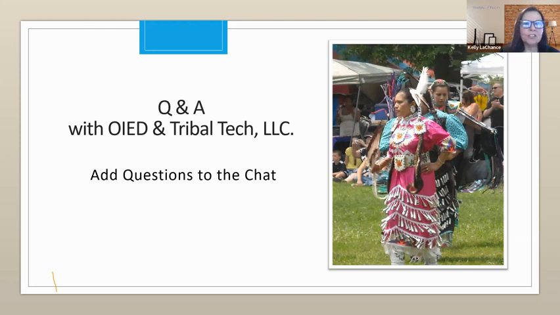Okay, we do have a question. Are 3 measurable objectives required? And what if you only have 1 objective? Darlene, I think you would obviously have the one main objective of language immersion and revitalization. But otherwise, yeah, you do want to branch that out. There is 3.